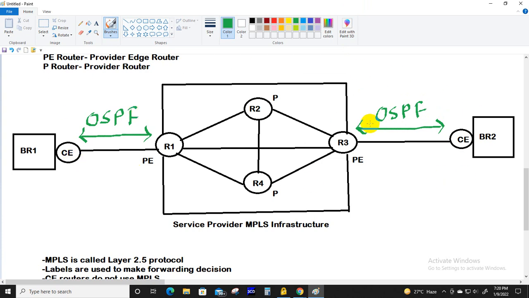But what is layer 2 MPLS VPN? In case of layer 2 MPLS VPN, we can say CE and PE routers do not form peering with each other using any routing protocol.